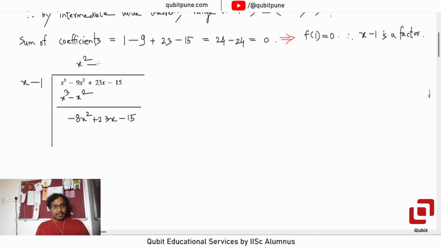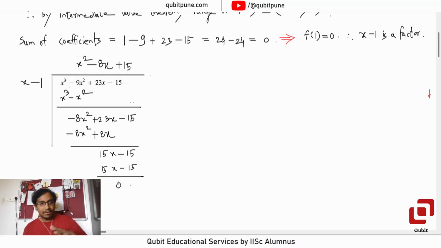Then we get minus 8x, so it will be negative 8x squared plus 8x. Again subtract, x squared goes, 23 minus 8 will be 15x minus 15. All we have to do is add 15 here, and that will make it 0. Now after successfully factorizing the given polynomial, let us check whether we can factorize the quotient, which is x squared minus 8x plus 15.